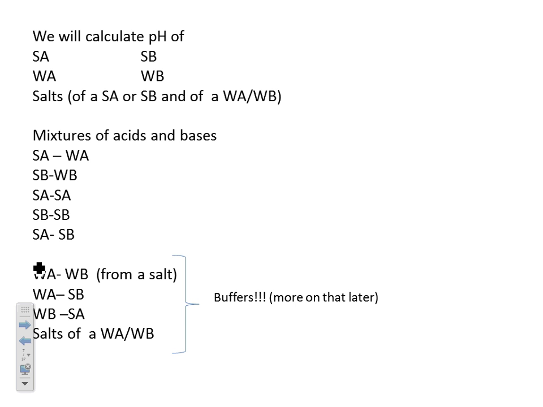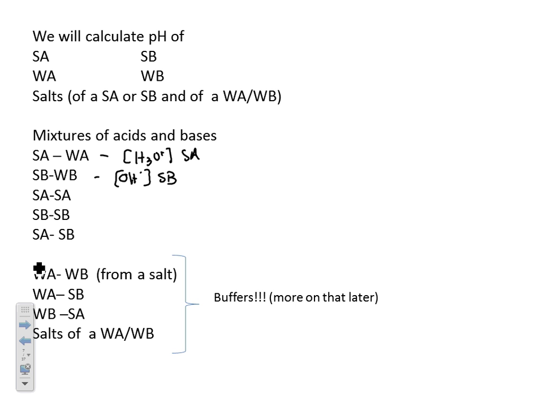And then when we start mixing things together, when you have a strong acid and a weak acid, remember that hydronium comes from the strong acid only. The weak acid is just like adding water to it. The same thing with a base, except that this time it's hydroxide coming from the strong base only. And then adding the weak base is just like diluting it.